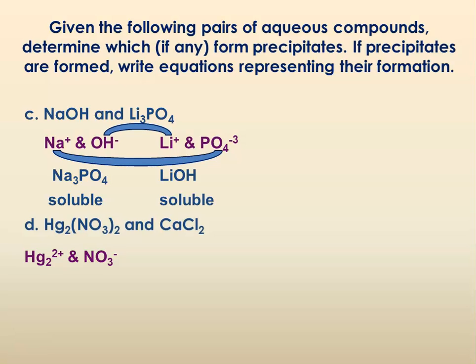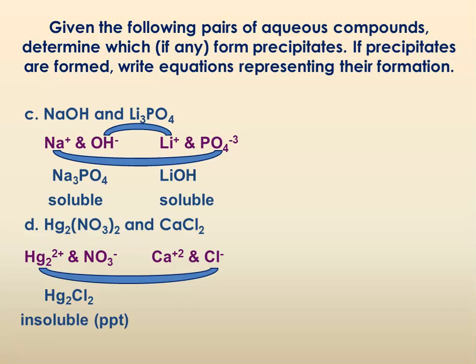So if I split those two compounds apart, those would be their respective ions. Mercury is going to go and try to form a precipitate with chlorine. Calcium is going to go and try to form a precipitate with nitrate. When I put mercury(I) with chloride, I see that I have Hg2Cl2. When I put calcium with nitrate, I have Ca(NO3)2.